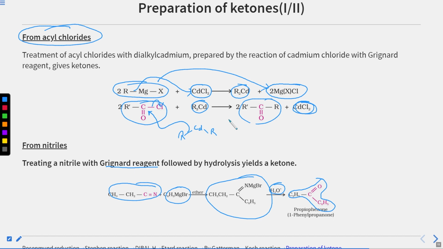Further we have seen these two reactions which were used for the preparation of ketone, and at last we have seen the Friedel-Crafts acylation. Also we have seen the Gattermann-Koch reaction, which looks very complicated at first sight, but it was simply an electrophilic aromatic substitution in which we treat benzene with carbon monoxide in the presence of HCl and AlCl3.